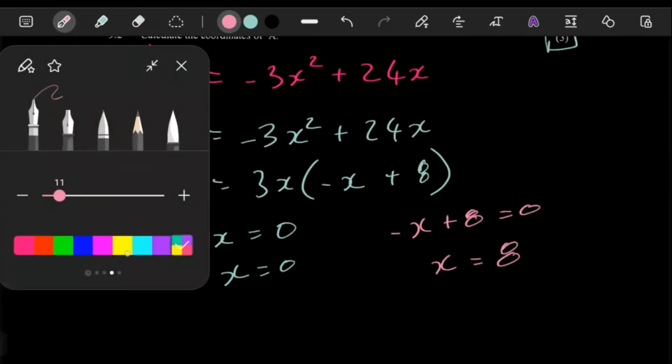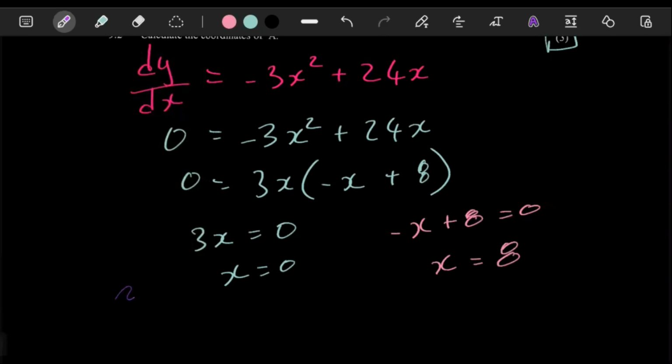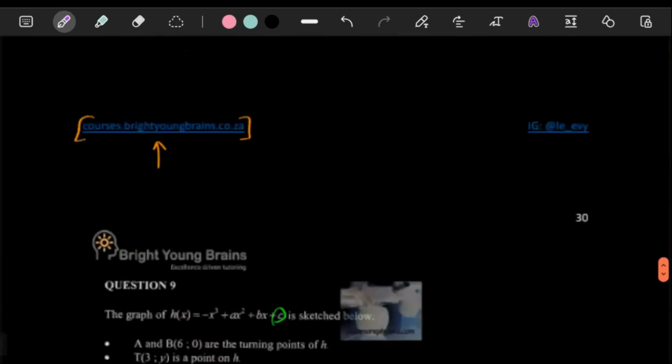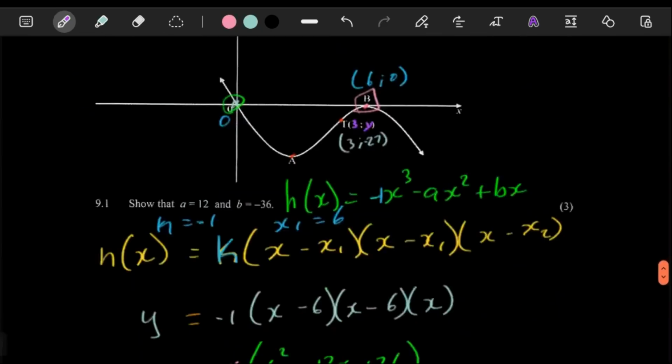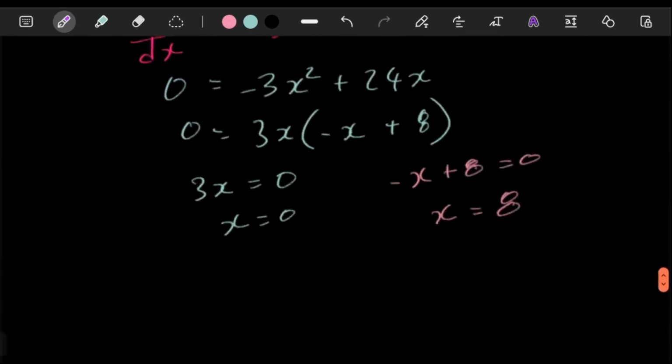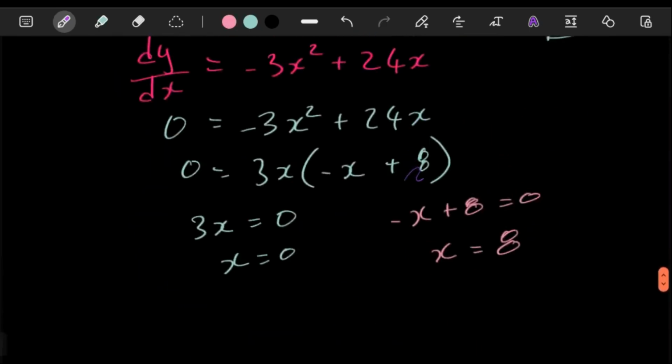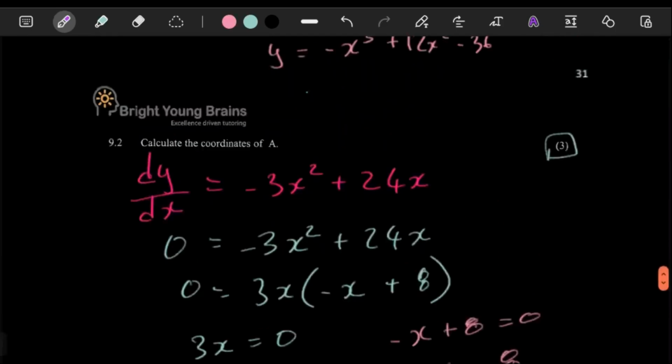Okay, so what do we do now? Well, this does not make any sense because 8 is not one of our answers. Maybe I made a mistake. What did I do wrong?